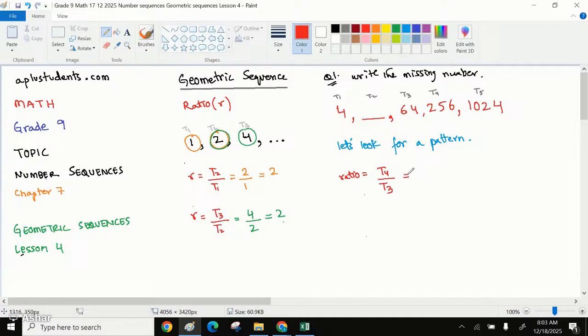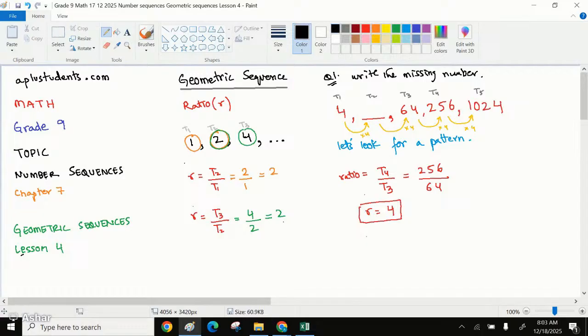Let's suppose term 4 is divided by term number 3. That means 256 divided by 64 gives us the value of the ratio. In this case, the ratio comes out to be 4. That means each value is multiplied by 4, which is 4 times the value.